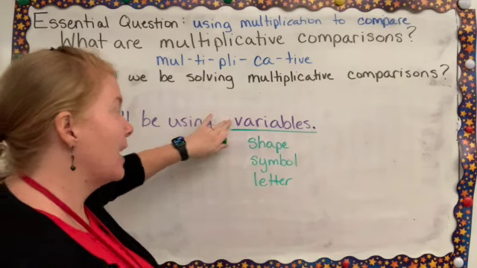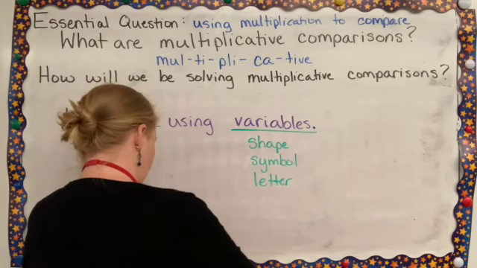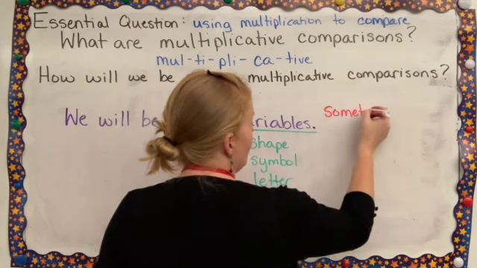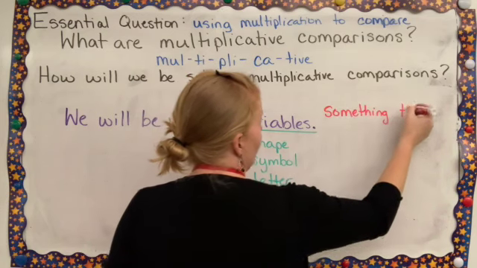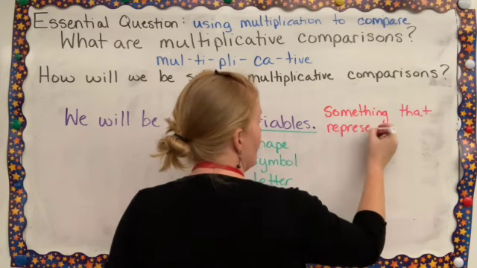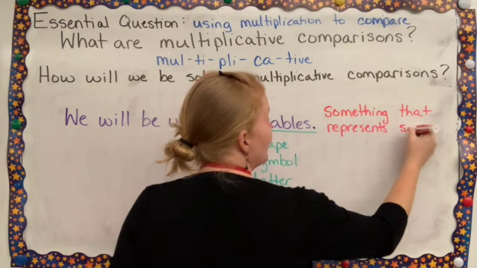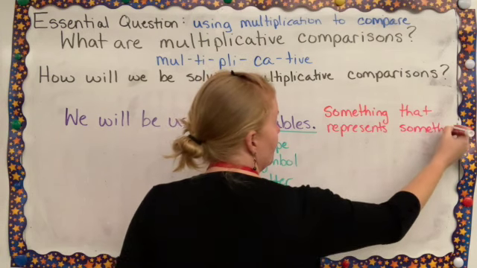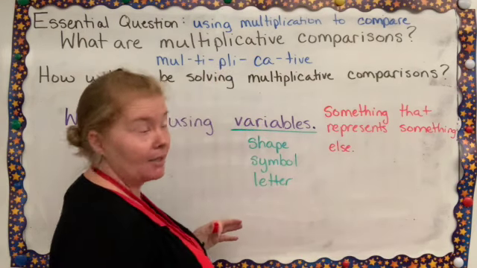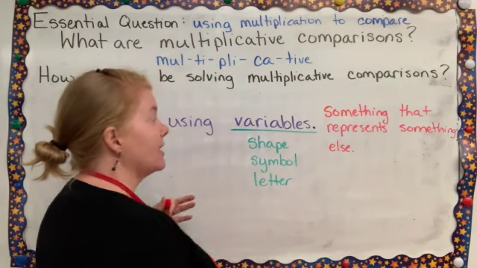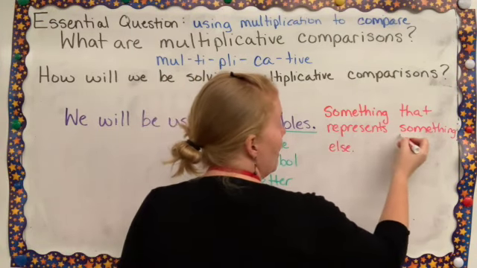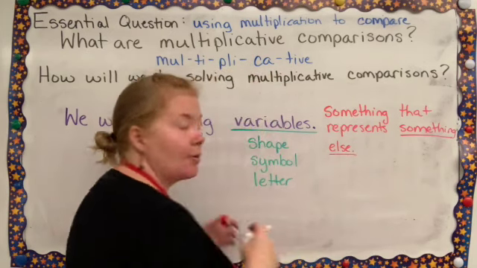A variable is something that represents something else. In our case, we're going to be talking about numbers. So it's going to represent something else, but it's going to be representing a number for us.